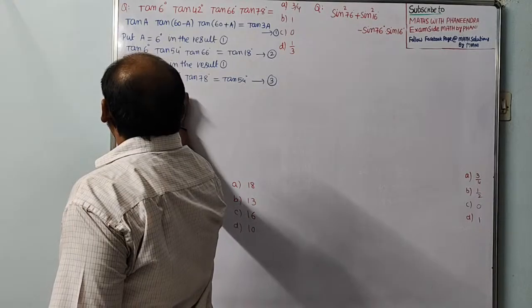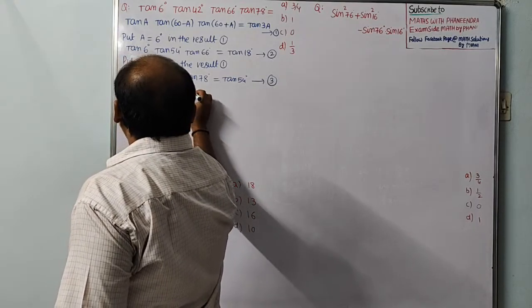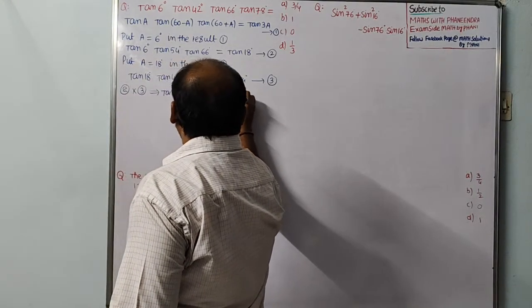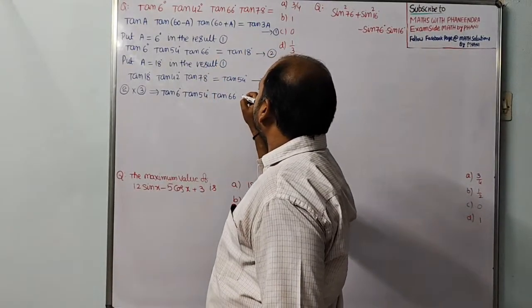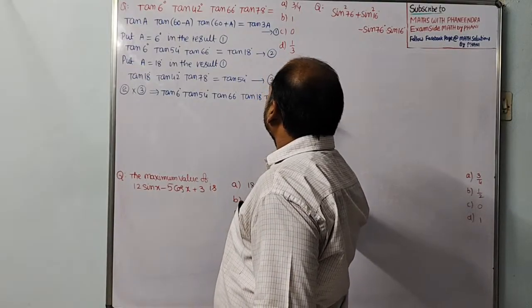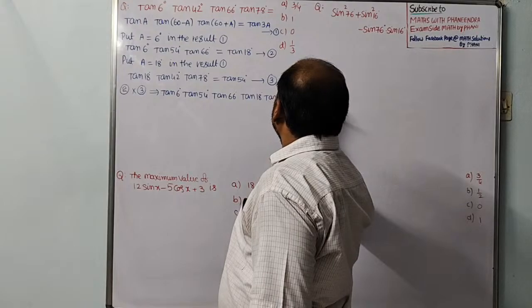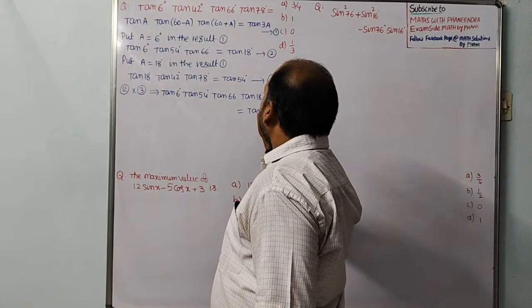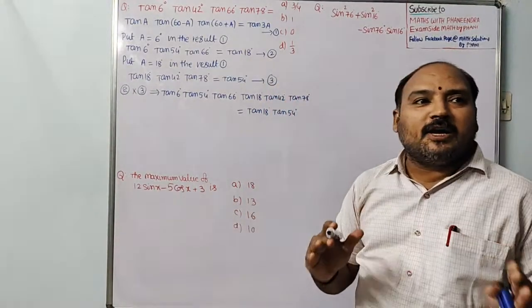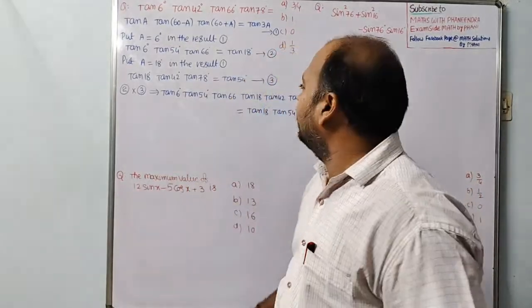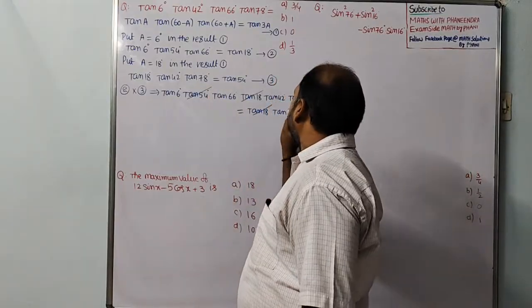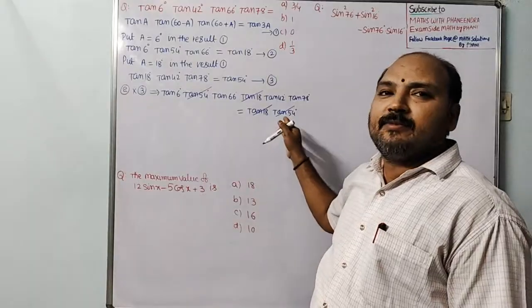It implies that tan 6 degrees into tan 54 degrees into tan 66 degrees into tan 18 degrees, tan 42 degrees into tan 78 degrees is equal to tan 18 into tan 54 degrees. So we multiplied equation 2 and equation 3. Both sides tan 18 gets cancelled, tan 54 gets cancelled. This side nothing is there, means 1 here.